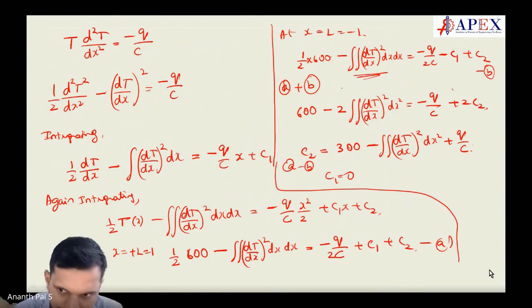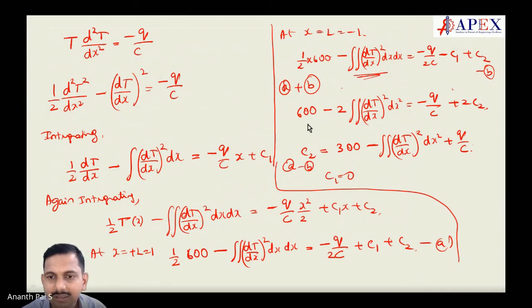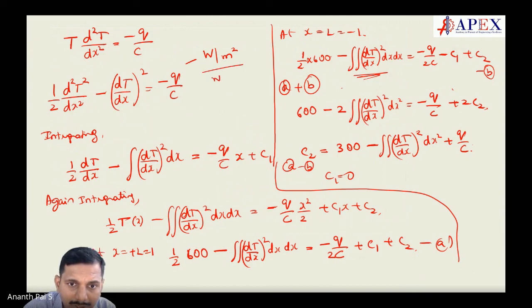Okay, let us see, you did the calculation properly. Do it now. You say the equation does not match. How come? Q is what? Q is in watt per meter square. This is watt per meter. This is watt per meter cube.